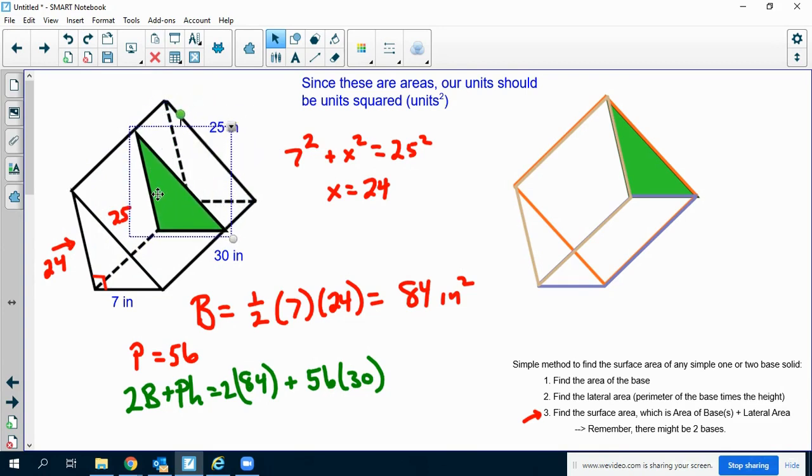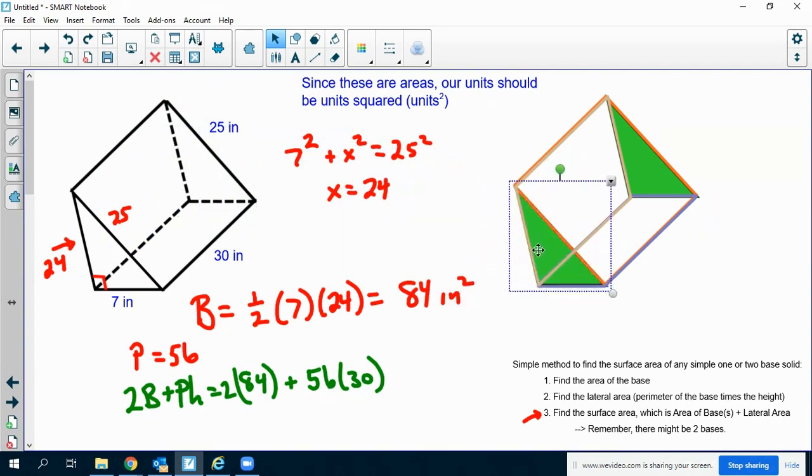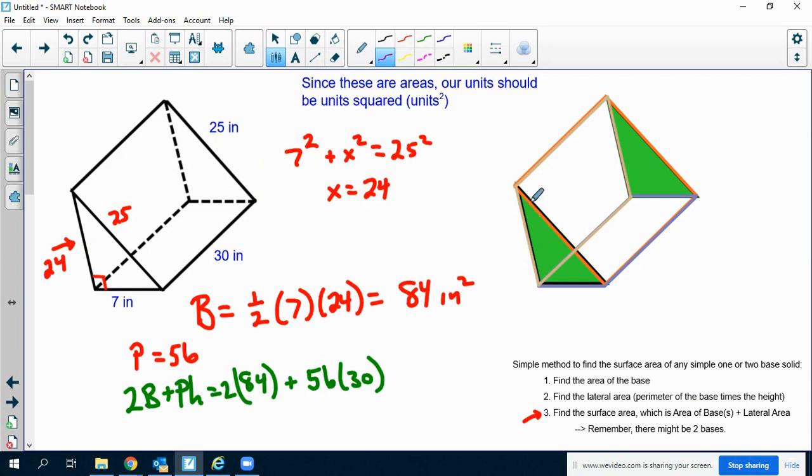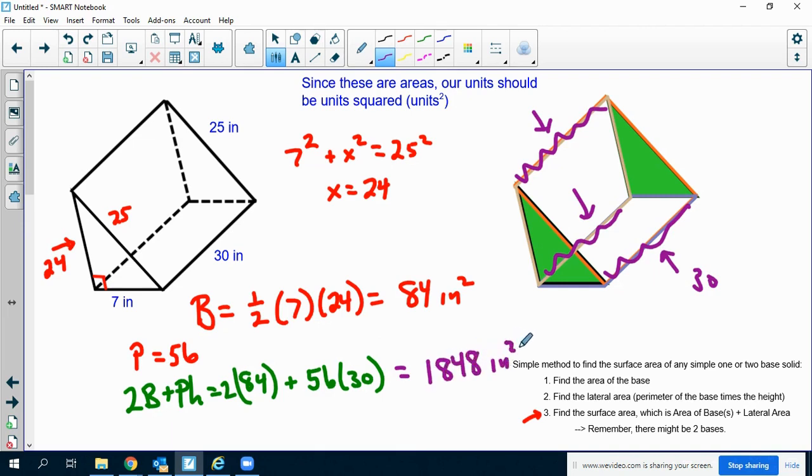So mentally put that on the ground and figure out what the height of this figure would be. The height of the figure would be the thing that's the same in every rectangle. Like if I stuck the triangle on the ground, this height would be what I see. So the height is 30. So it's 2 times 84 plus 56 times 30, which is 1,848 inches squared.